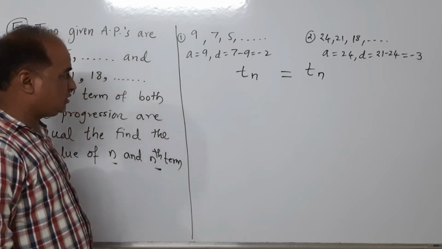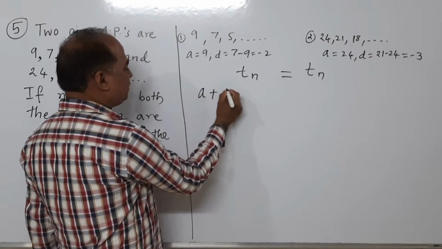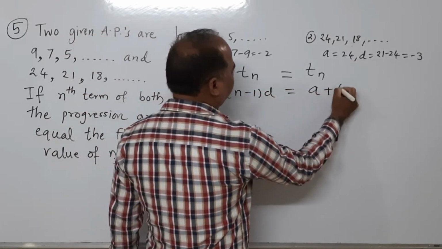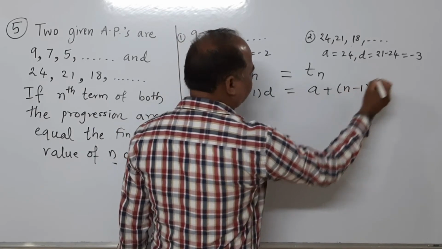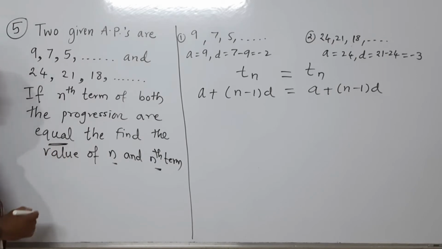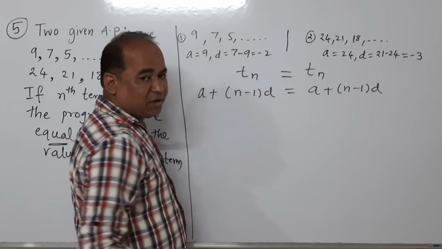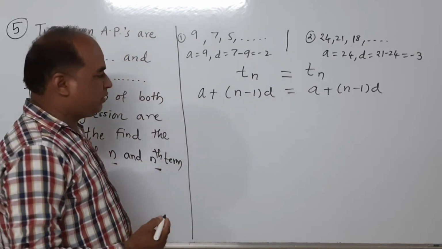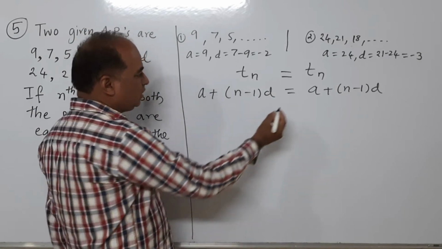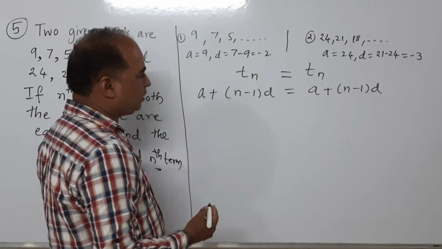We know the formula to find Tn is equal to a plus n minus 1 into d, on both sides.